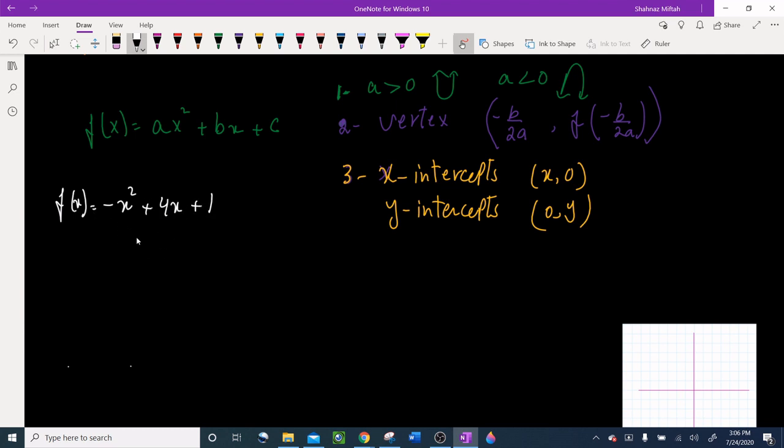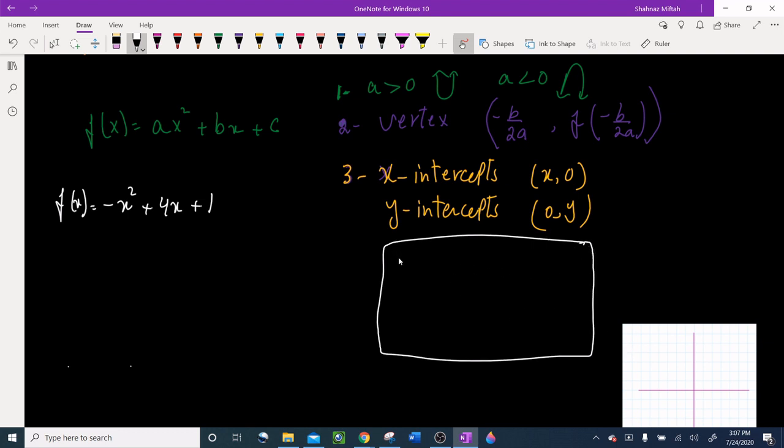Now I'm graphing this. So what is the first step? It's concave up or down, and you can tell a is 1 invisible, which means it's concave down. So I already know this is concave down. I'm going to make a box here, and this is all the information we're going to write here for the graph.